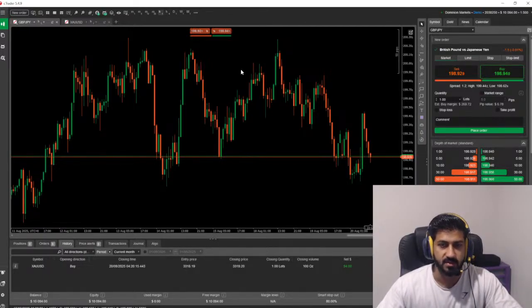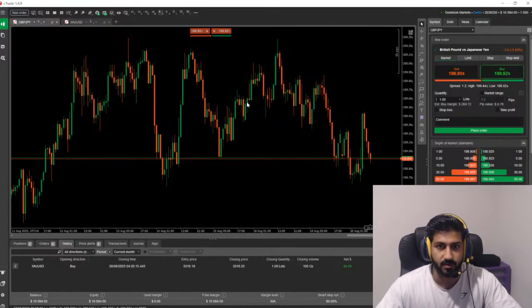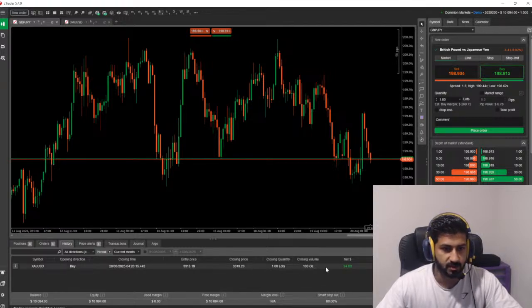I removed anything like grids, session periods, and background images. I did take a trade yesterday just to make sure everything is connected and good to go.